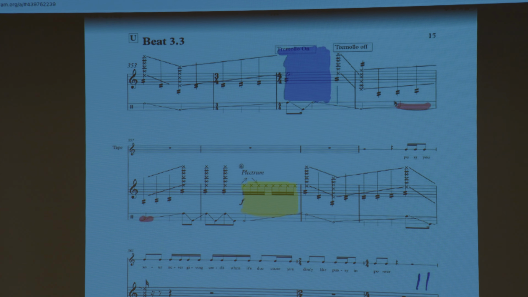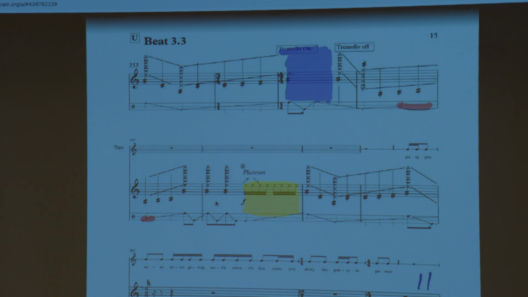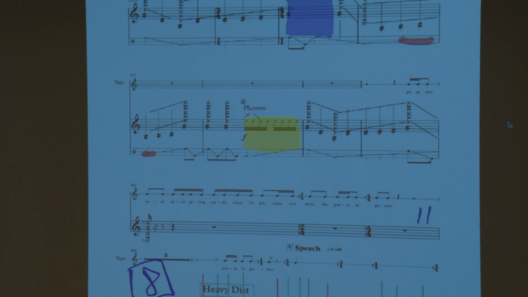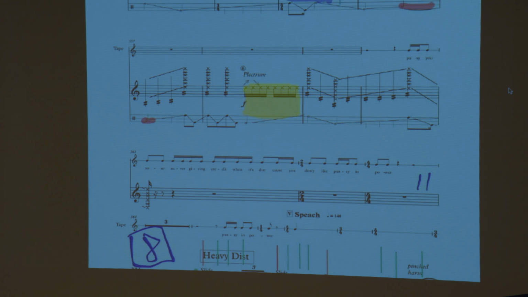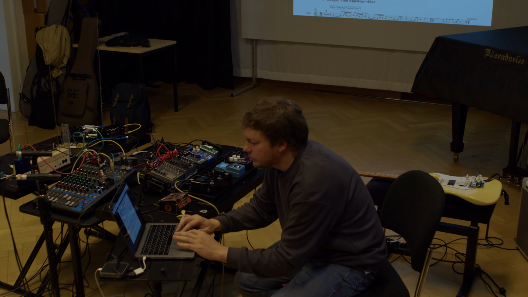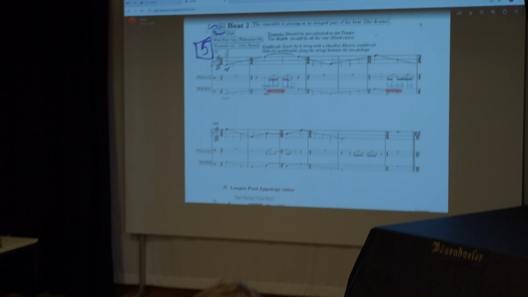So for this graphic notation you could easily use the second line just for the controls of the effect of the expression pedal.